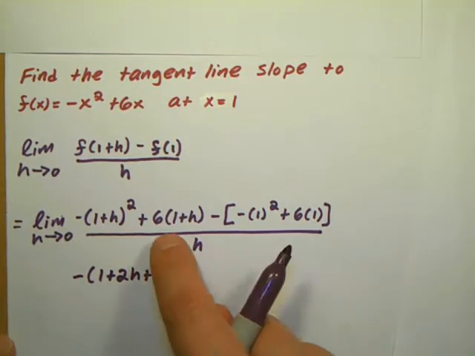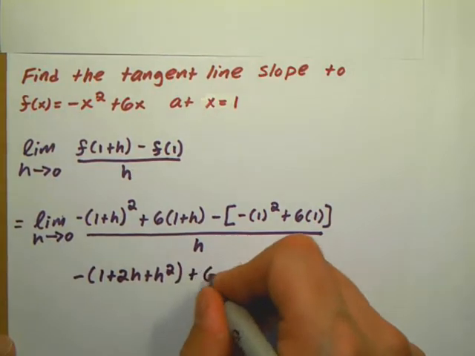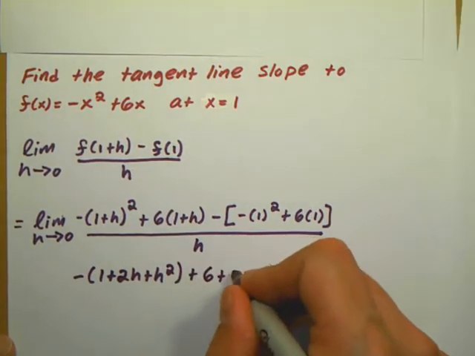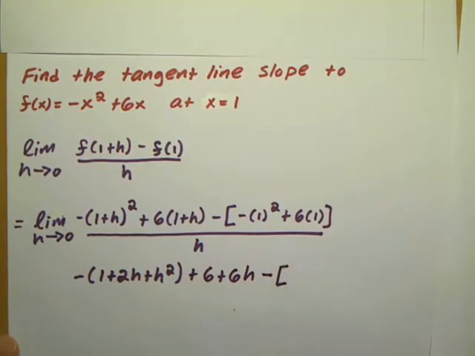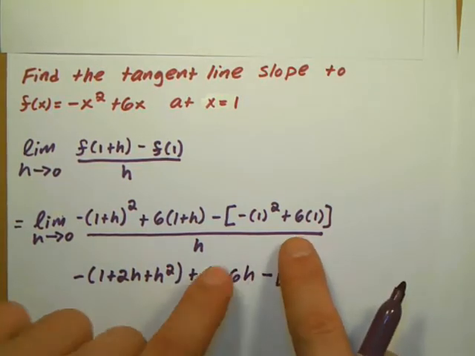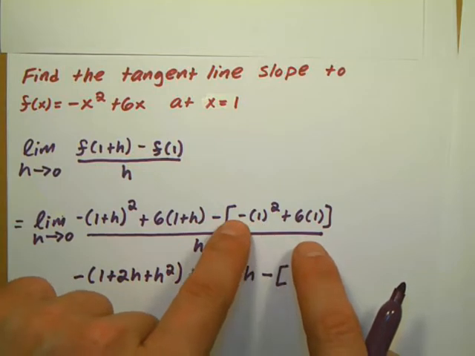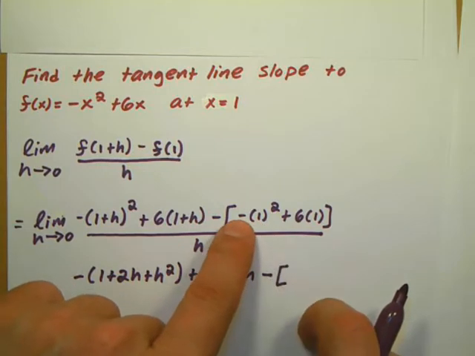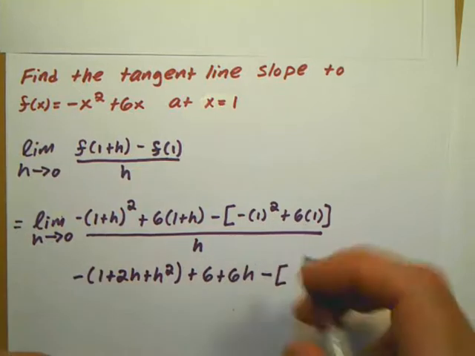I'm going to go ahead and distribute this 6, so it's going to be 6 plus 6h, minus. Now inside of the brackets, it's going to be negative 1, because the negative is out in front of the parentheses, plus 6, so it's going to give me a 5.